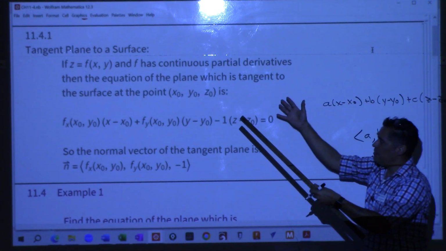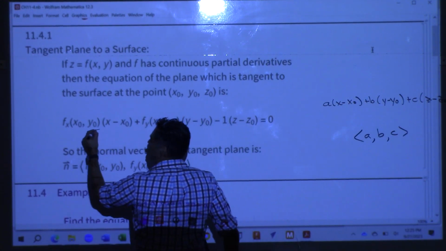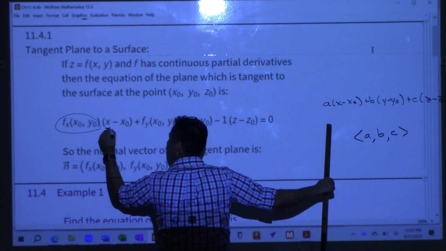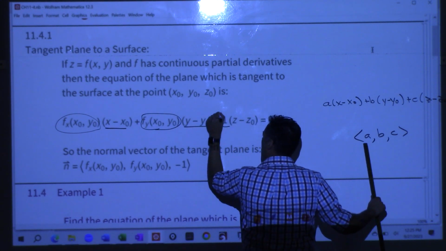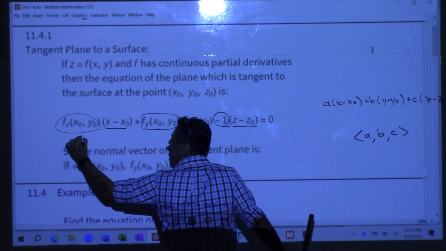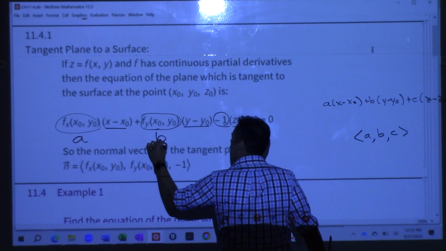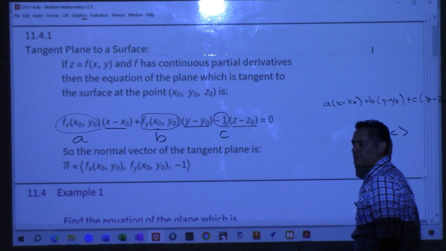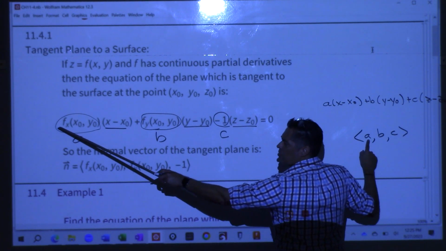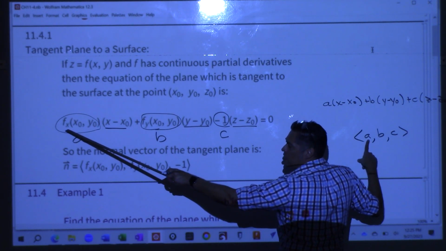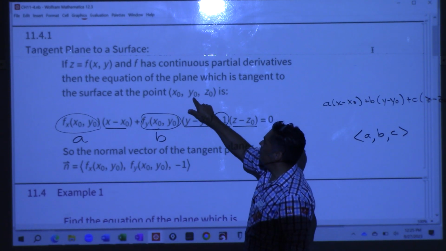This note says, guess what? Do y'all see that formula right here? This is the A, this is the B, and this is the C. The formula says that if you want to know the normal vector of this plane, the A is the partial derivative of that function with respect to x at the point x naught, y naught.